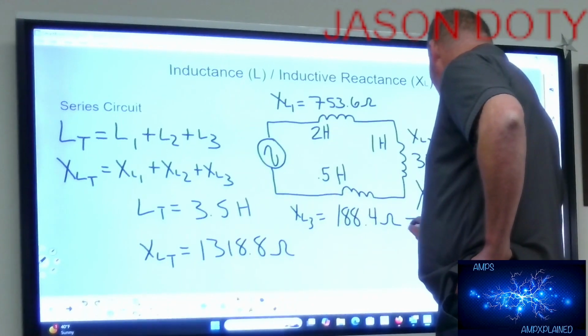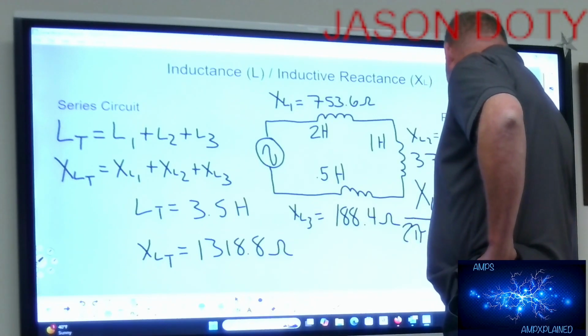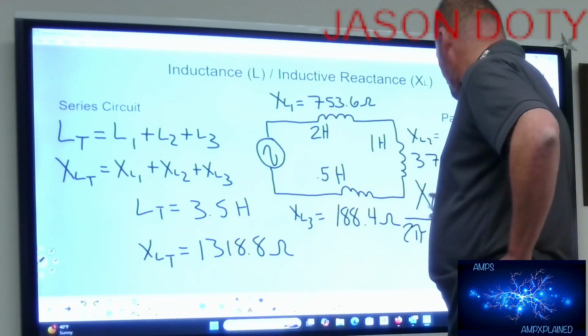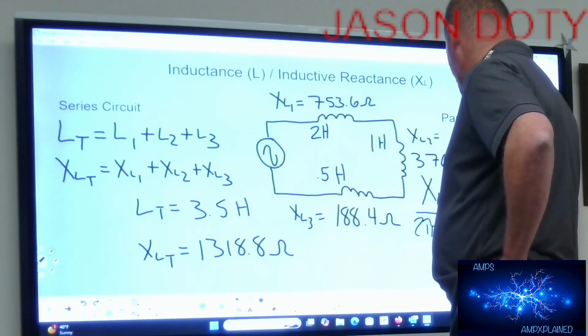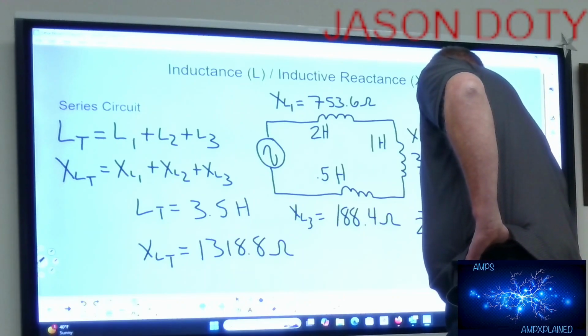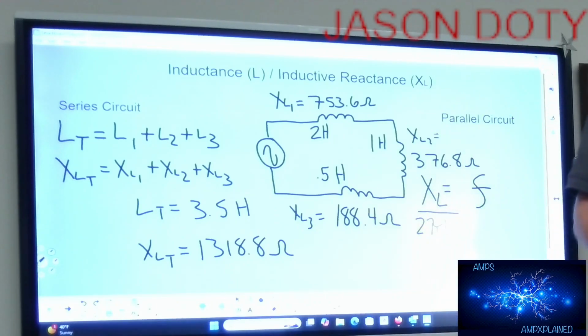So I have X of L over 2 pi L now. That will equal our frequency.